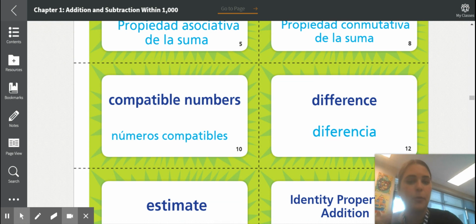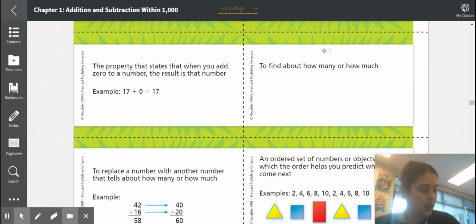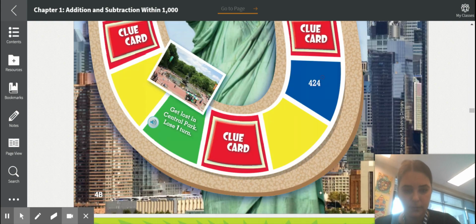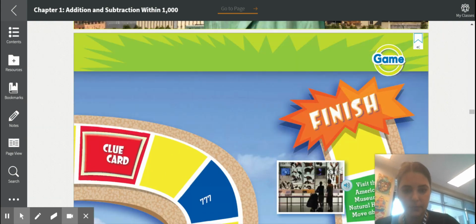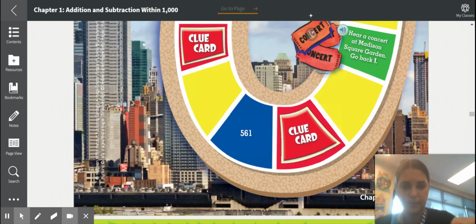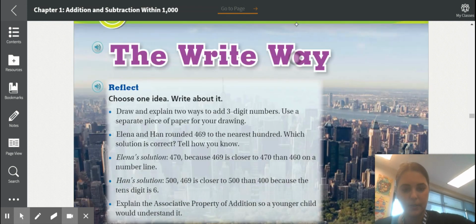So I want you to flip through your pages until we get to page 3. Okay, there it is.